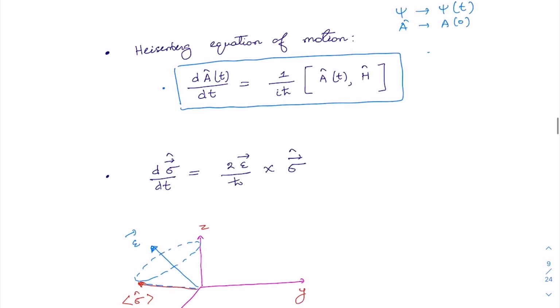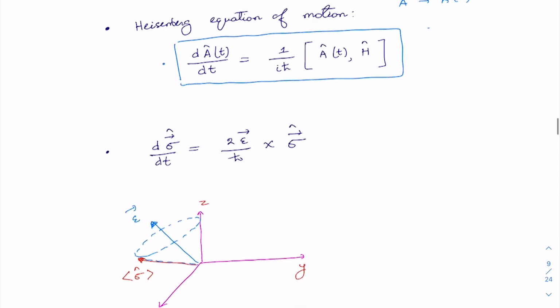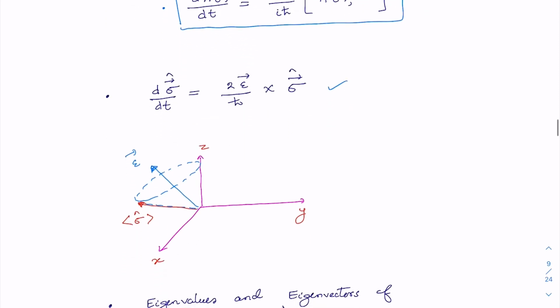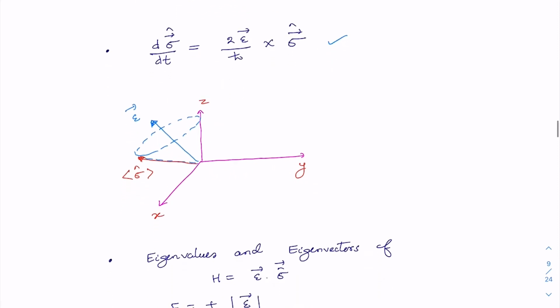Then, applying this Heisenberg equation of motion, we saw the time evolution of the Pauli operator, and we also saw that the expectation value of the Pauli operator precesses around an arbitrary vector, say epsilon, with some frequency, say 2E by h cross.